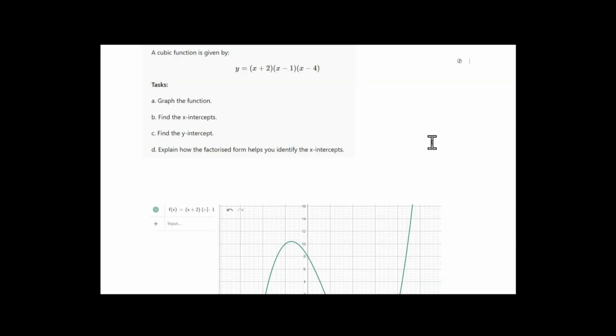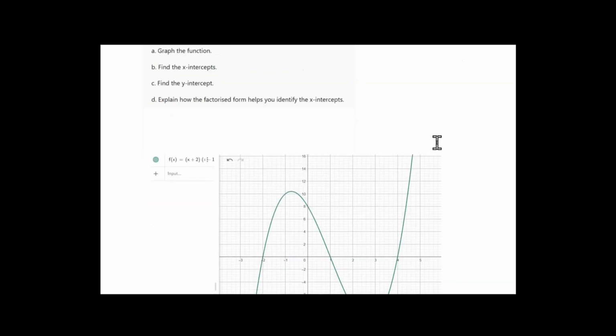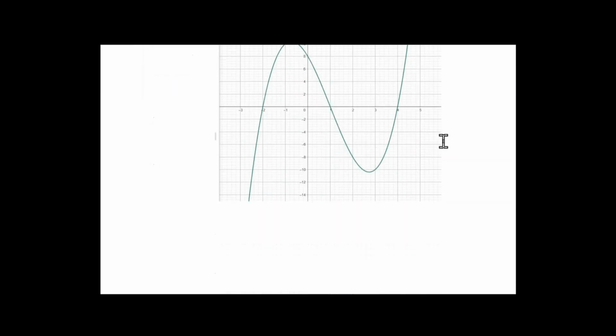Explain how the factorized form helps you identify the x-intercepts. Okay, so remember our rule. To find the x-intercepts, we make y equal 0 and then solve for x.